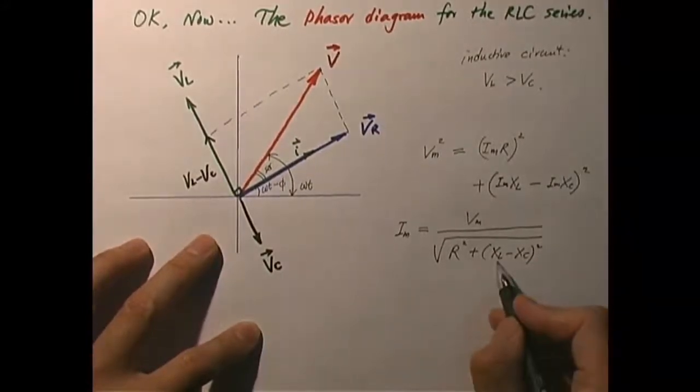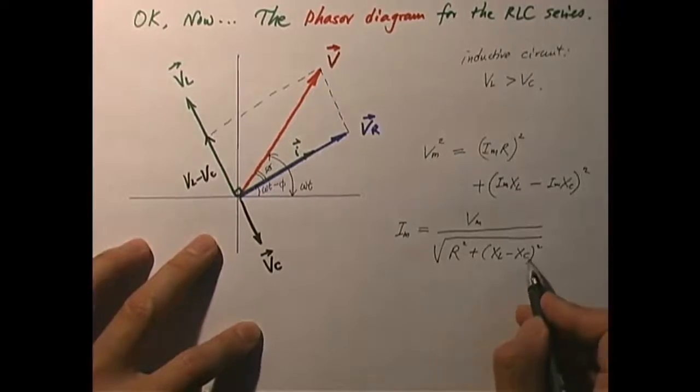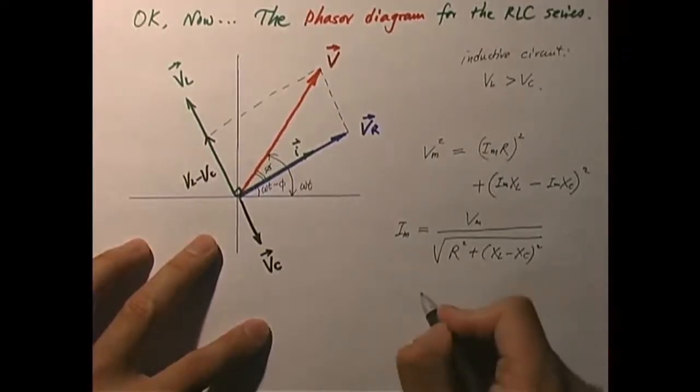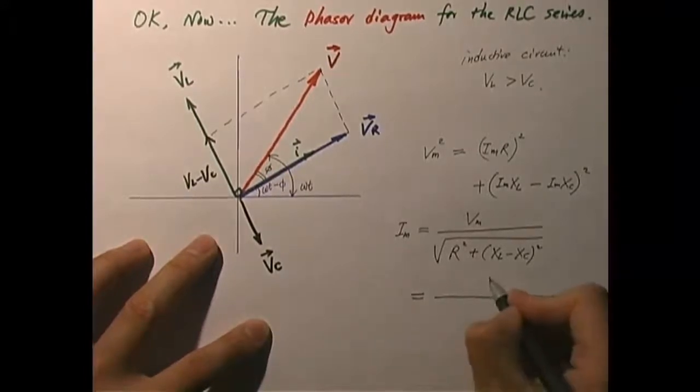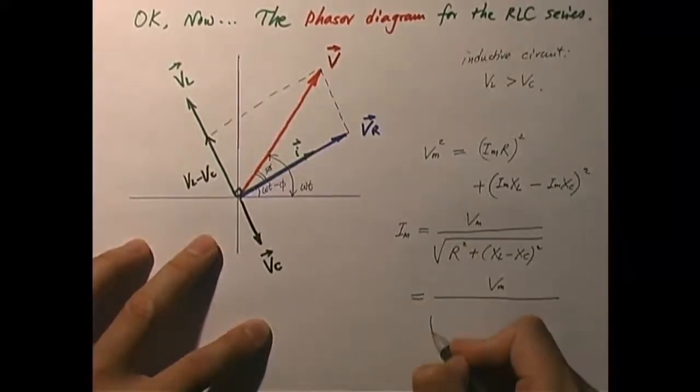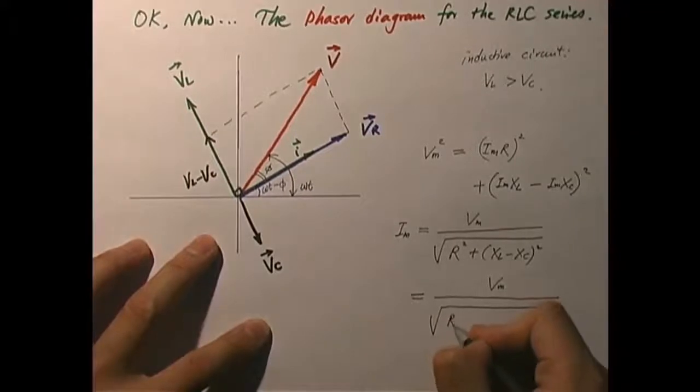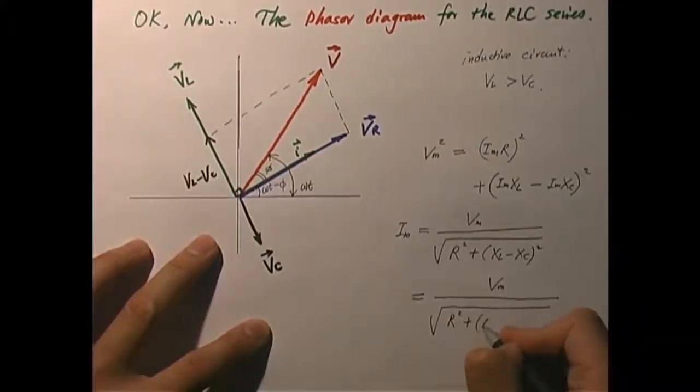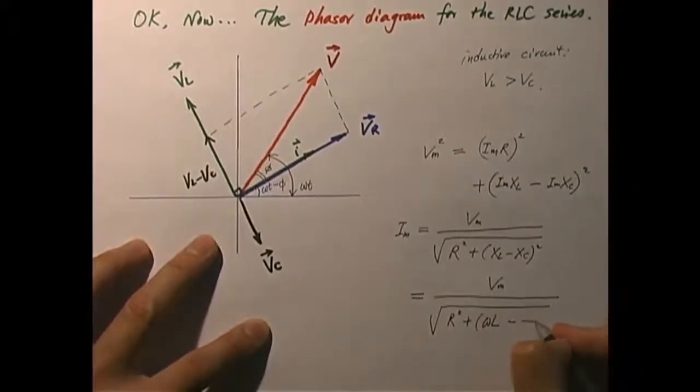Now I know XL is omega L and XC is 1 over omega C, so I can write this one step further as V maximum over the square root of R squared plus (omega L minus 1 over omega C) squared.